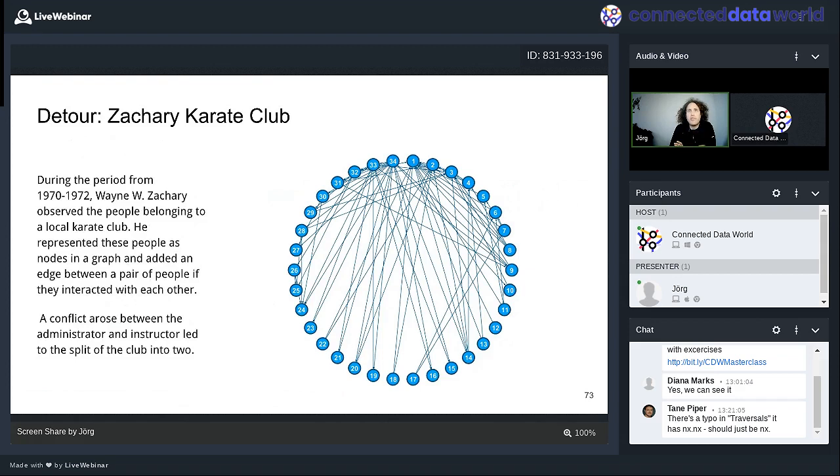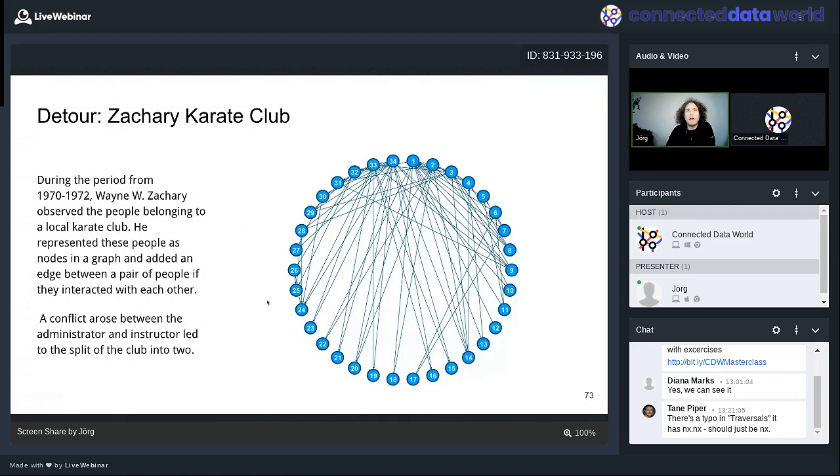The graph on the right is a social graph depicting whether some of those members interacted outside of class. For example, this edge means that 18 interacted with 2 outside of class. Maybe they went for a beer, maybe they met up for a run, something like that.